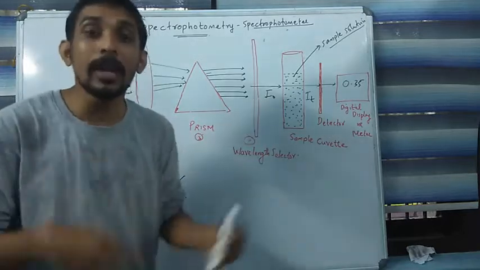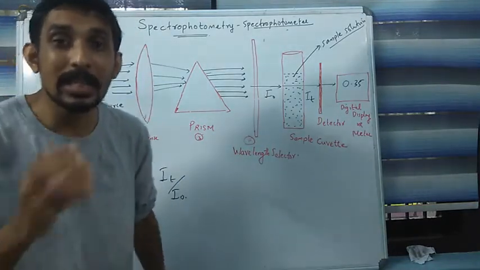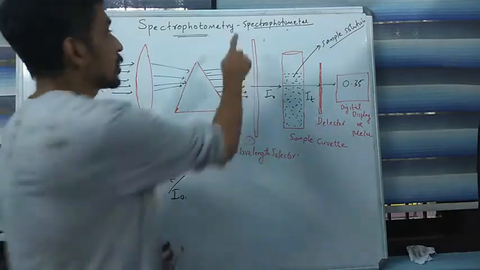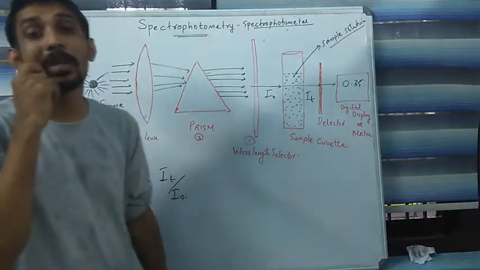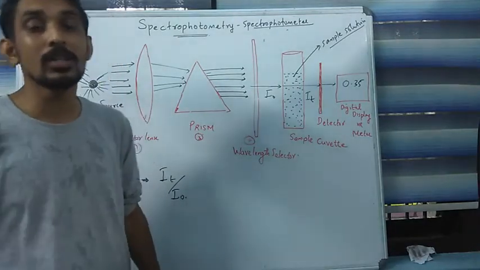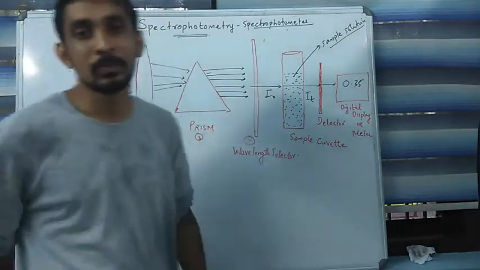For identifying and quantifying a specific solute in a solution, we depend on an instrument. That instrument is called a spectrophotometer, which is used for spectrophotometry.